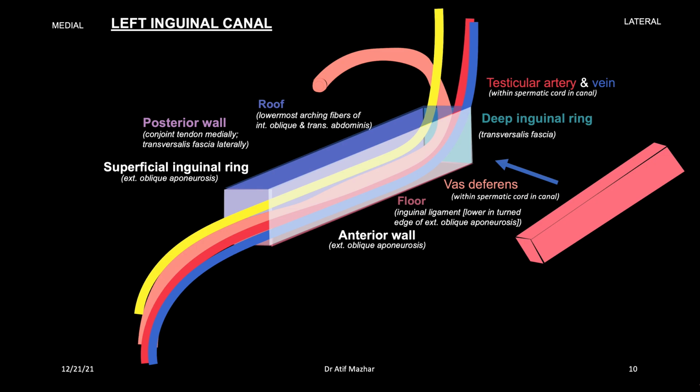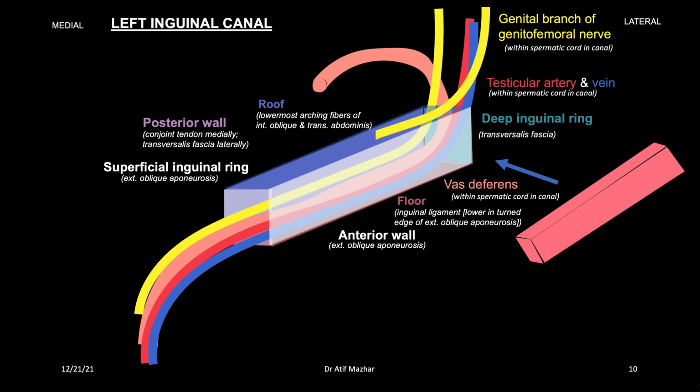This one is the genital branch of the genitofemoral nerve. Remember, this is not that famous femoral nerve which is supplying the extensors of my thigh. That is a different femoral nerve. This is another one. So my genitofemoral nerve splits in two, and its genital branch passes through this.